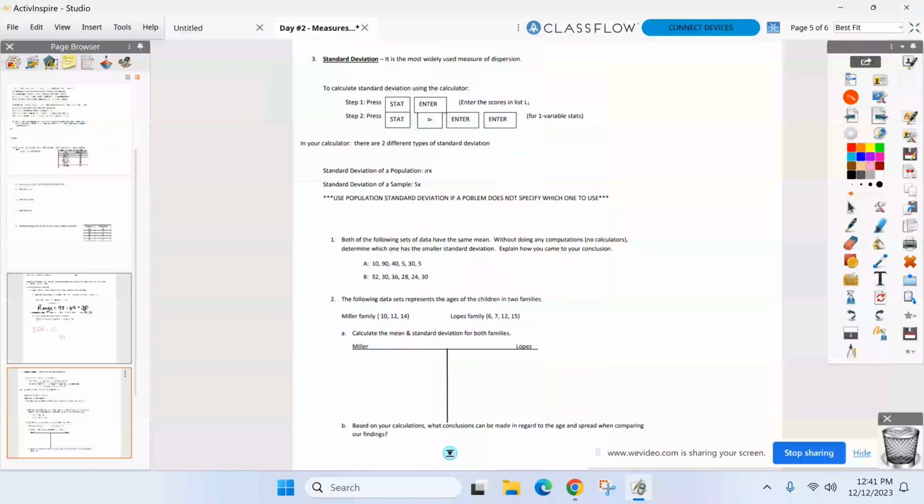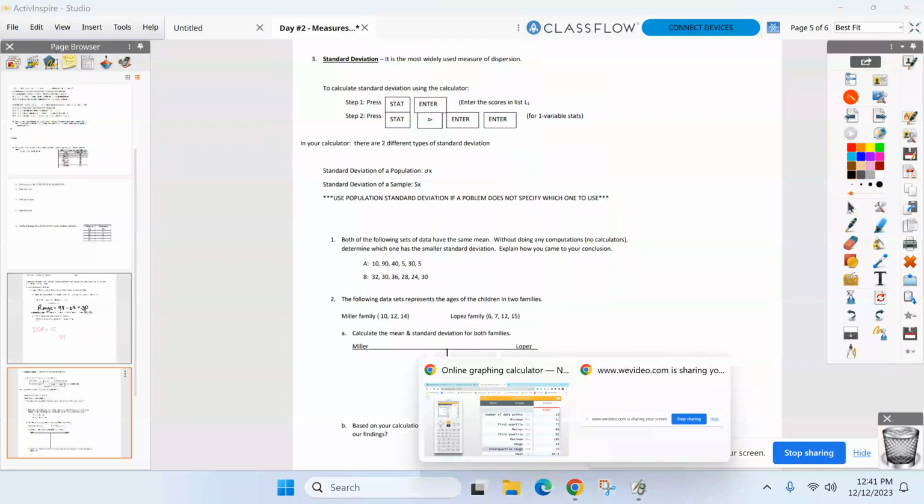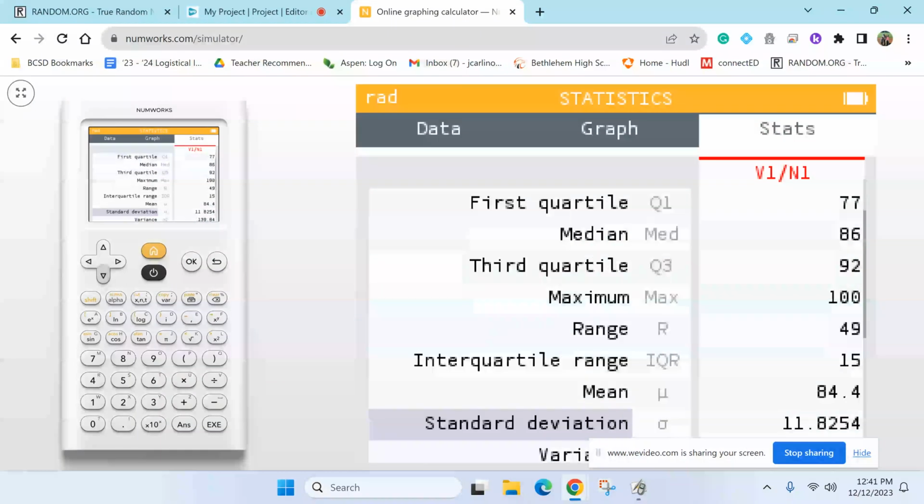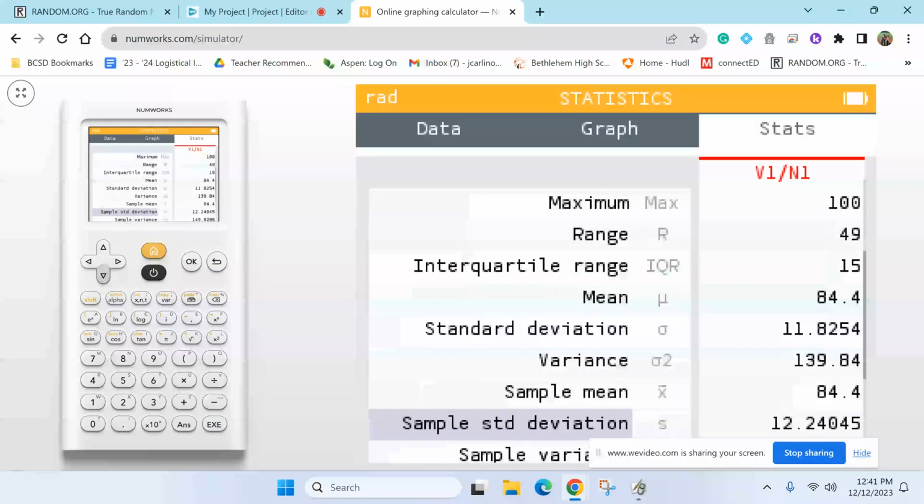Standard deviation. I'll get back to your calculator in a second. Actually, do you have the values up right now? I want to make sure you notice that there are two types of standard deviation on your calculator: standard deviation, and sample standard deviation.